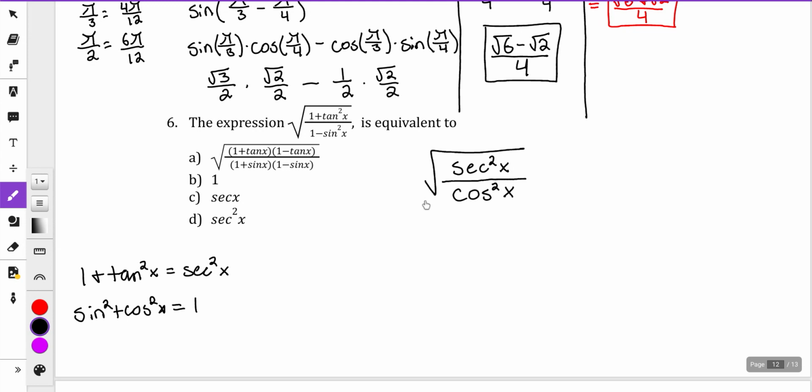Looking at that, now I can square root the top and square root the bottom. The difference between this step and the original question is that the original question had binomials, adding and subtracting. I no longer have adding and subtracting, which means now I can square root the top and the bottom. The square root of secant squared would be secant.